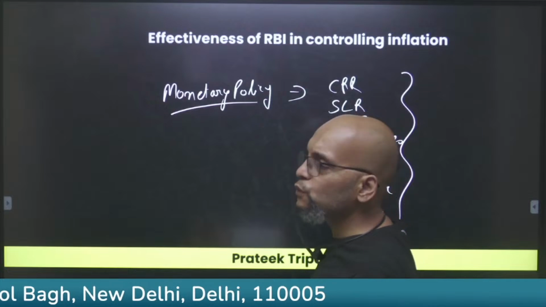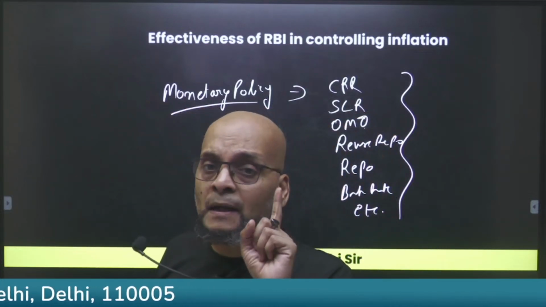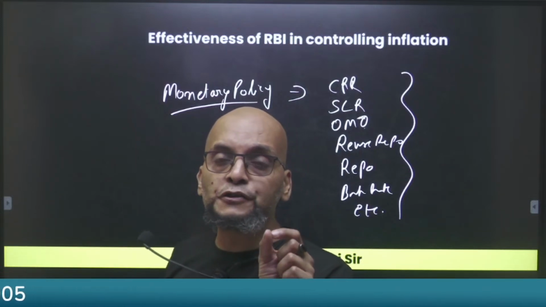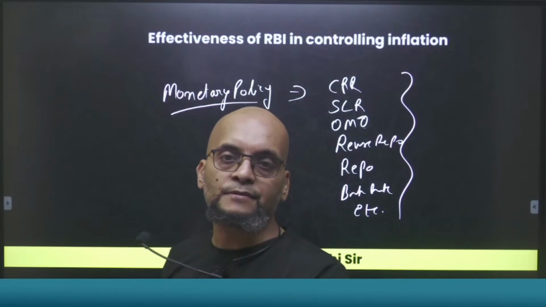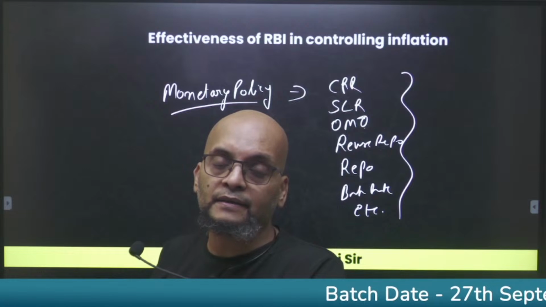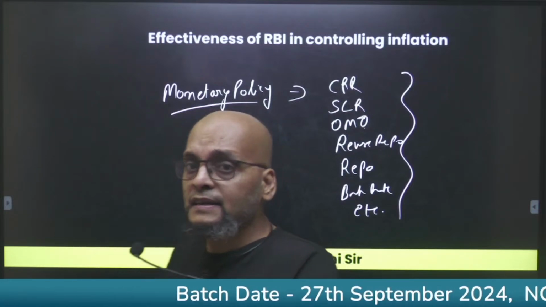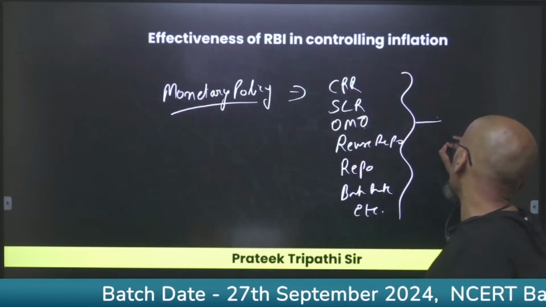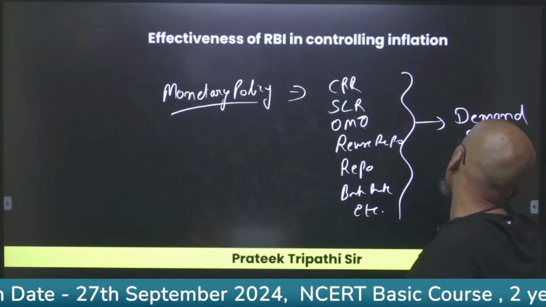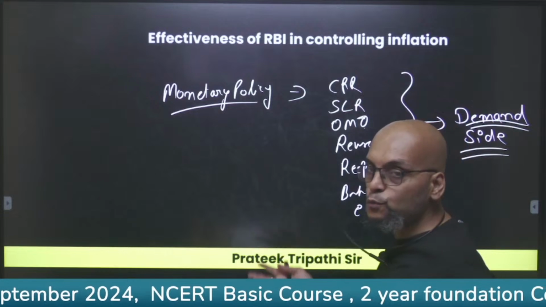Now, if you look at all these tools, what is the purpose of these tools? Basically, these tools are controlling the interest rates. Yes or no? They are controlling the interest rate in the market. And when they are controlling the interest rate, then more or less, they are controlling the demand side. Demand side is the consumer side.